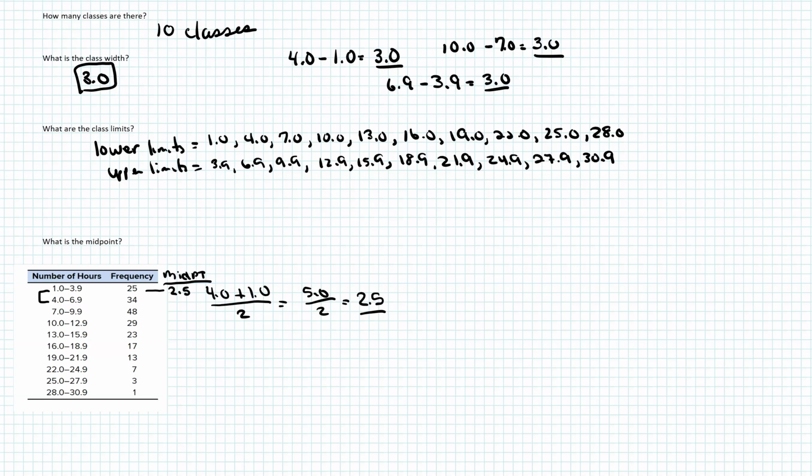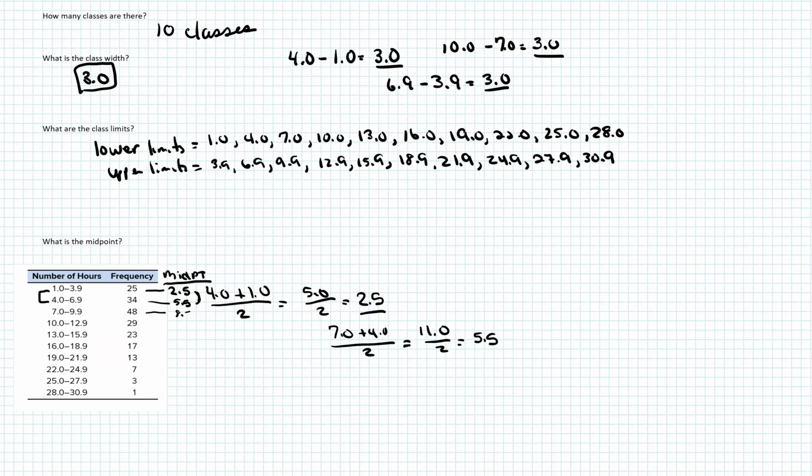The midpoint for the second one is going to be 7.0 plus 4.0 divided by 2. So that's 11.0 divided by 2, which is 5.5. Notice the difference here is 3. It's the same as the class width. So I can take this all the way down and just add 3.